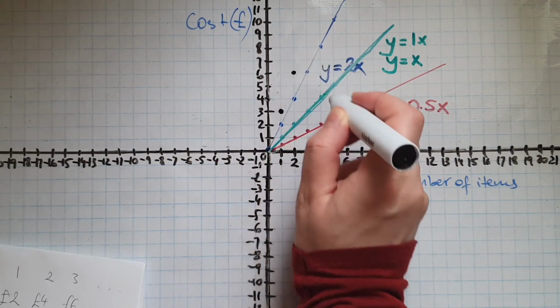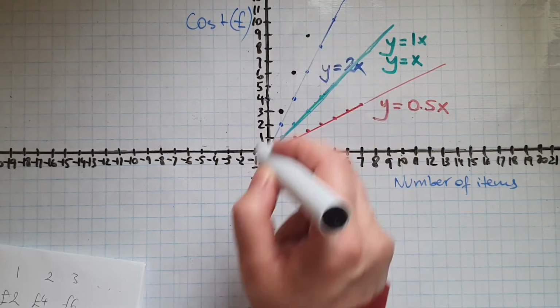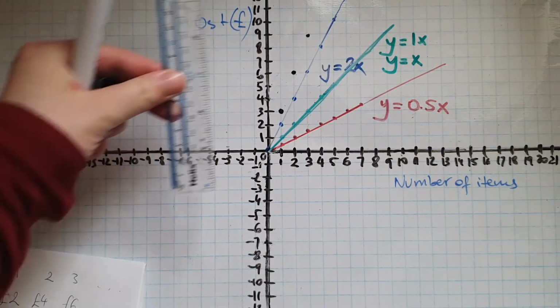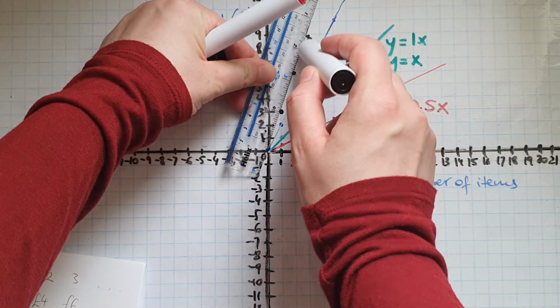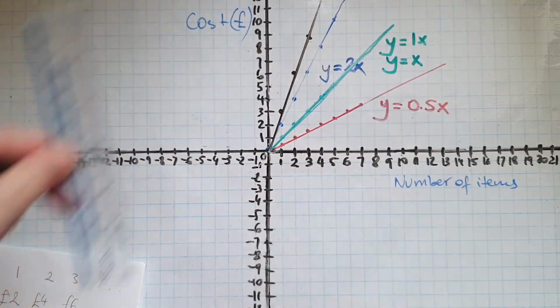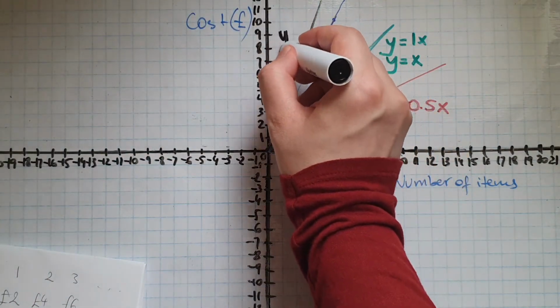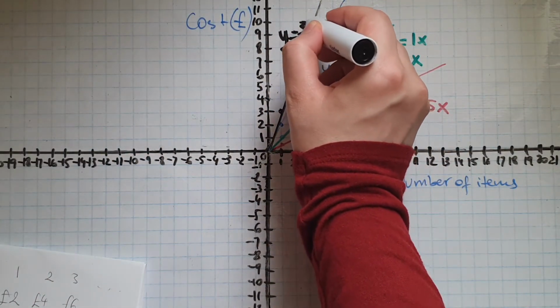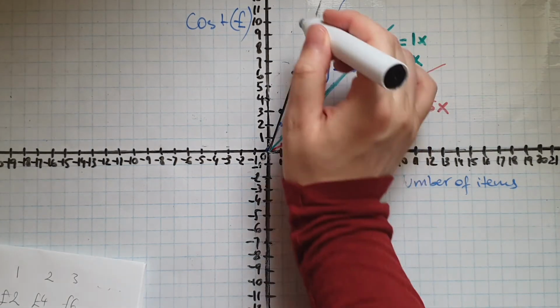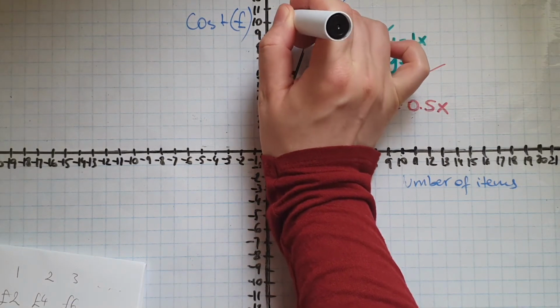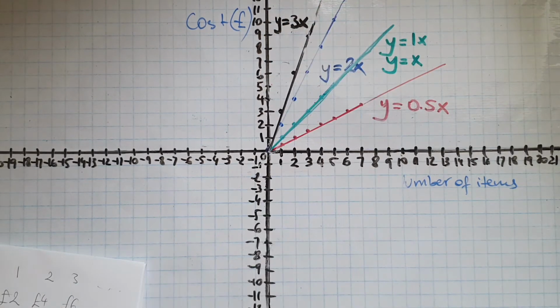So 2, 6, 3, 9. So you get the idea. So this is y equals 3x.